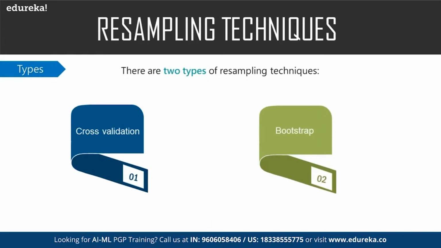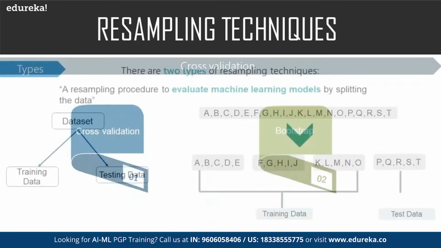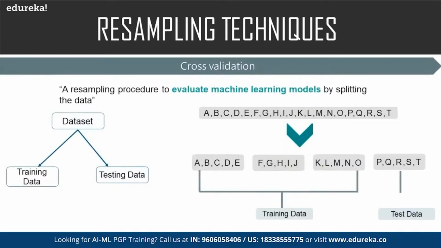Bootstrap is different, and we also sometimes use it for bagging in machine learning. Coming back to cross validation, it is a resampling procedure, and it is primarily used to evaluate the machine learning model.